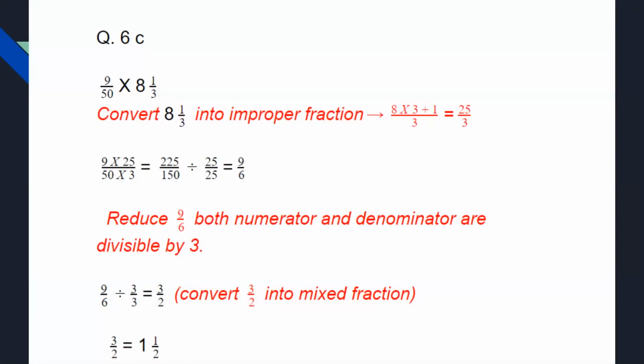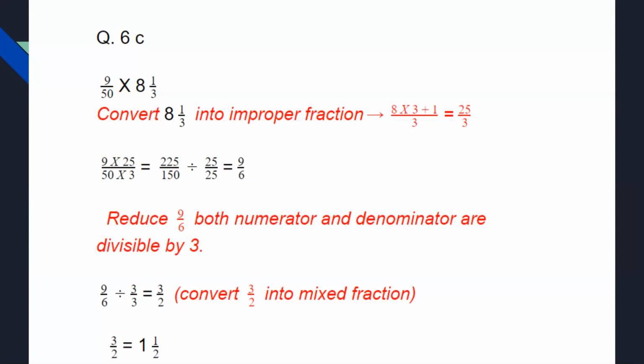Now, come to the next example, question number 6C. The sum is 9 upon 50 into 8 1 by 3. 8 1 by 3 is a mixed fraction. Convert it into improper fraction. 8 into 3 plus 1 upon 3 equals 25 upon 3. Now, multiply the numerators. 9 into 25 upon 50 into 3 equals 225 upon 150.